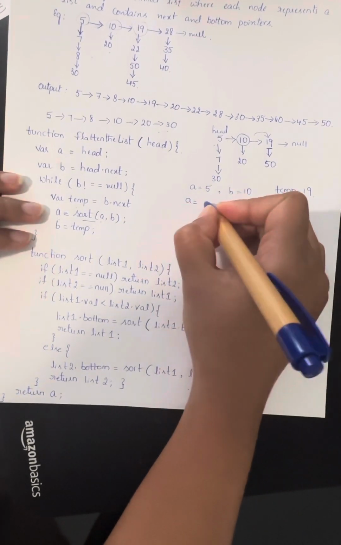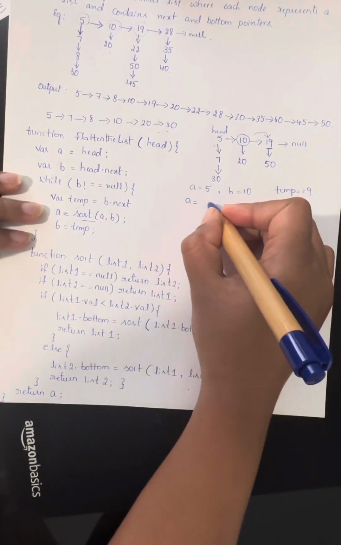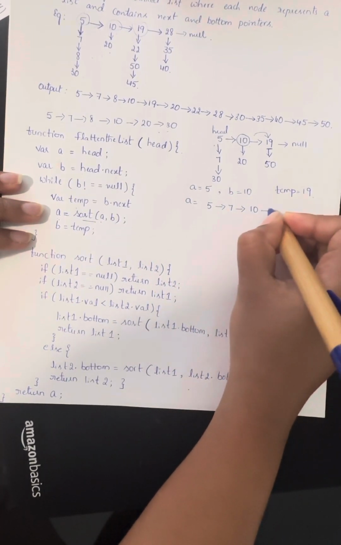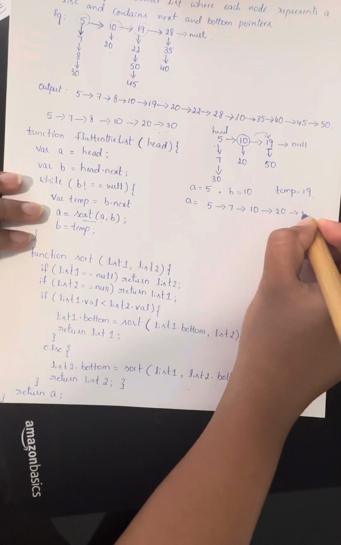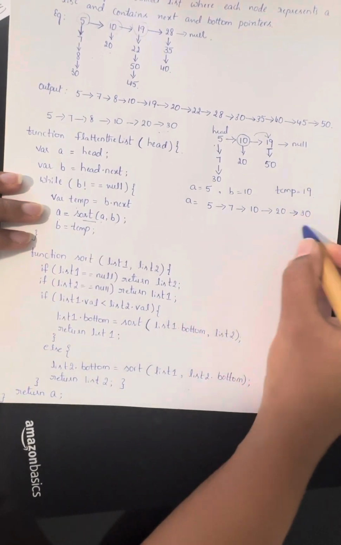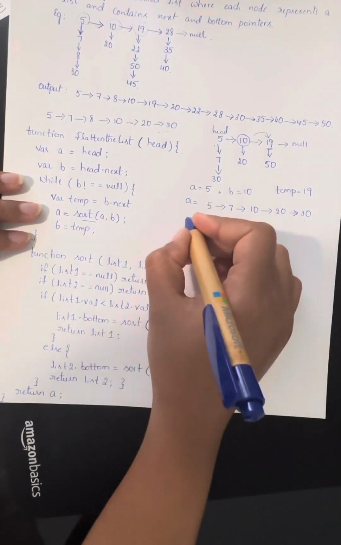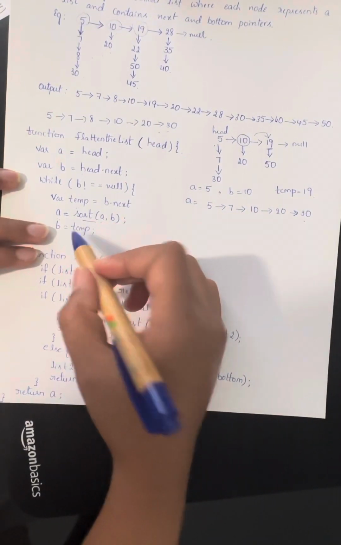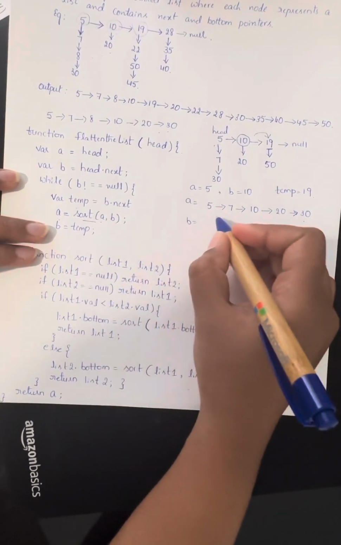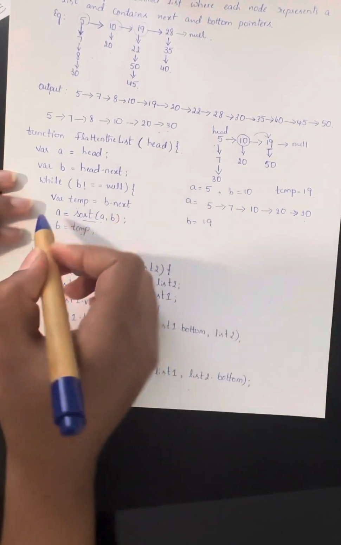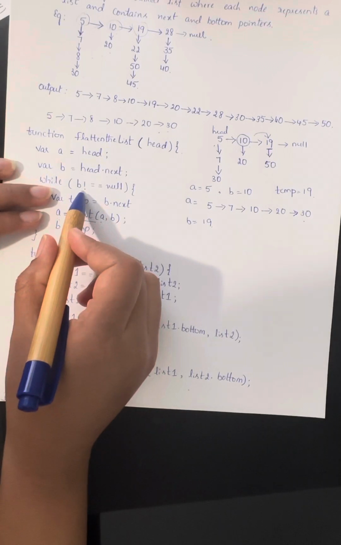In a we will get 5, 7, 10, 20 and 30. So we'll get the merged list in a. And now b becomes temp, which is 19, and then the while loop starts again.